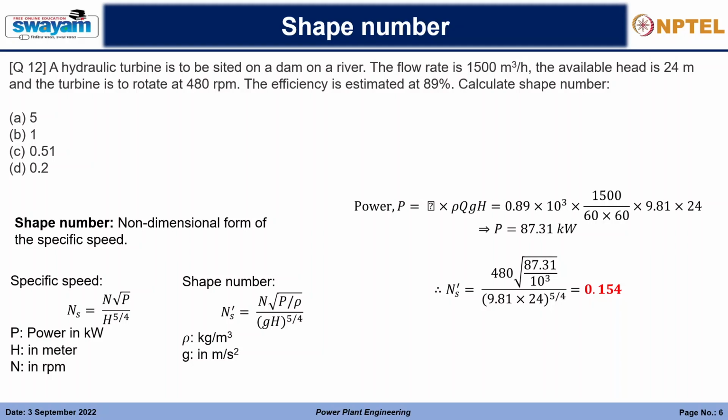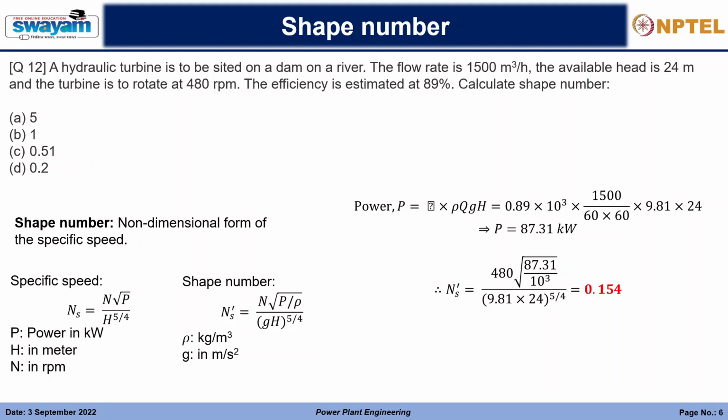Sir, in the exam also will the questions be like this, or how will the questions arise? Like how the assignments are given, or like these few questions on shape number? So the questions, I think, will be a little bit comprehensive.